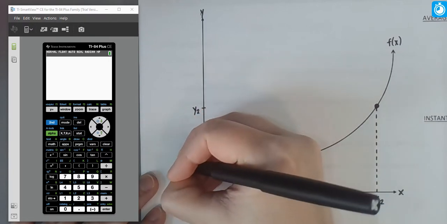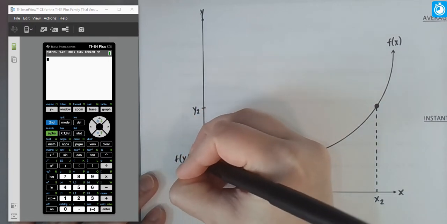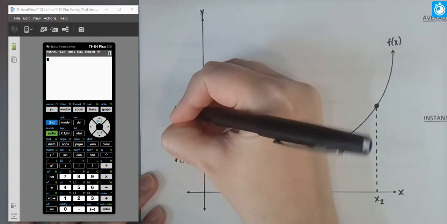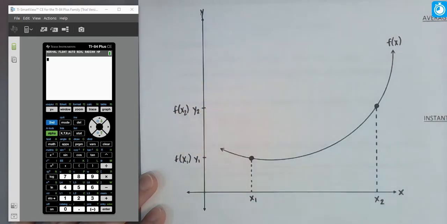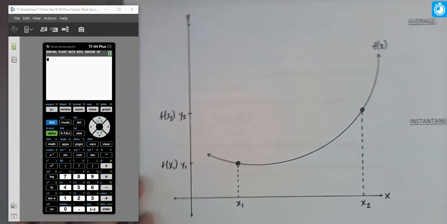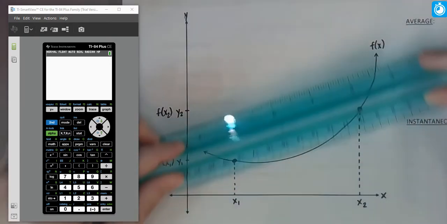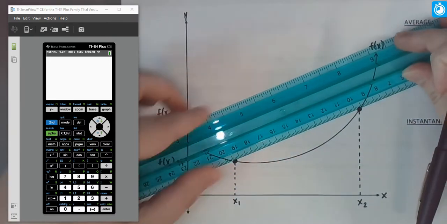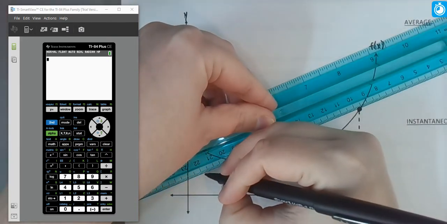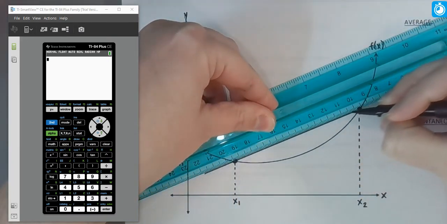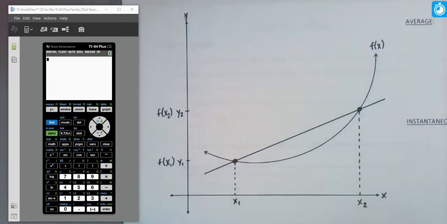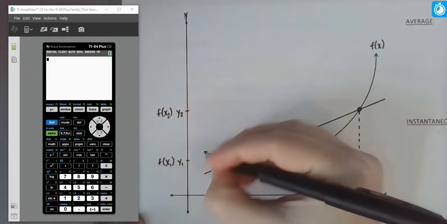So this could also be written as f of x1 and f of x2. So when we're talking about a secant line that passes through these 2 points, the secant line is going to be the unique line that we would draw that cuts through the curve at these 2 points.